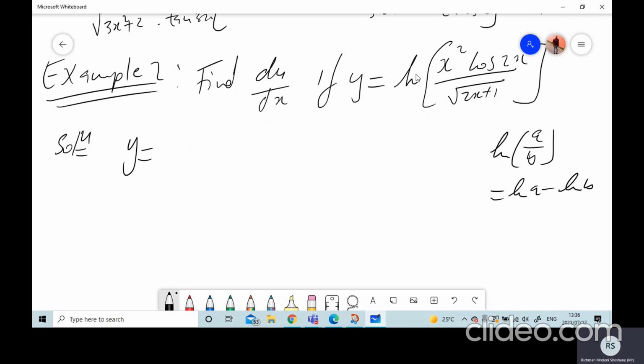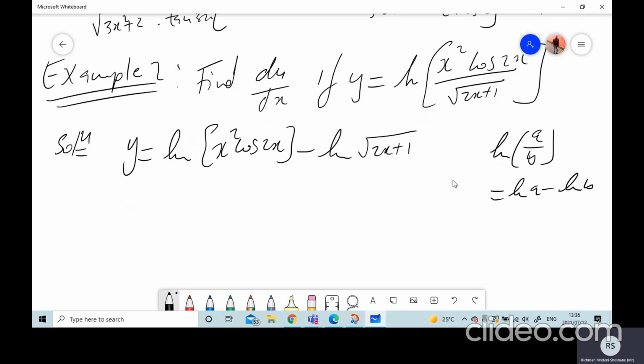Treat my numerator as a and my denominator as b. This will be ln of a, my numerator function, ln of x squared cos of 2x, minus ln of square root of 2x plus 1, my denominator.